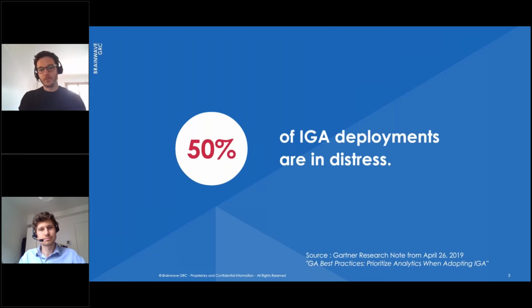These deployments failed because either the project is too costly, or they failed to complete because it's too complex and too time-consuming, and sometimes they just deploy it with minimum functionalities. So they don't achieve the initial target.